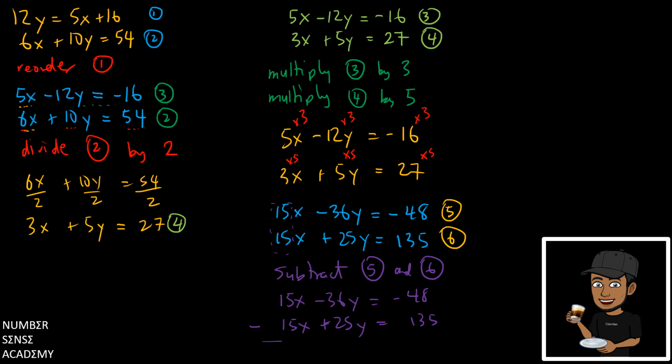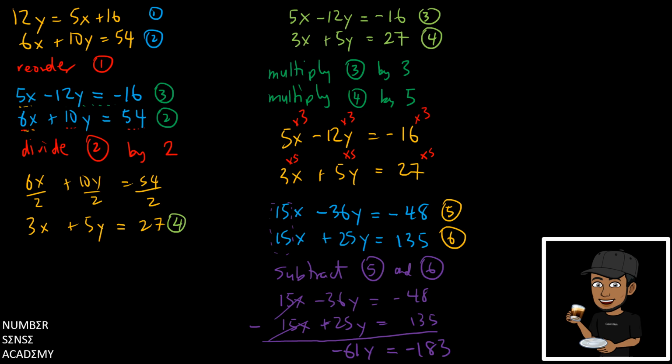So I'm minusing. These cancel, I know that. And then I have negative 36 minus 25. So that should be negative 61. So I have negative 61y is equal to negative 48 minus 135. And I have negative 183.